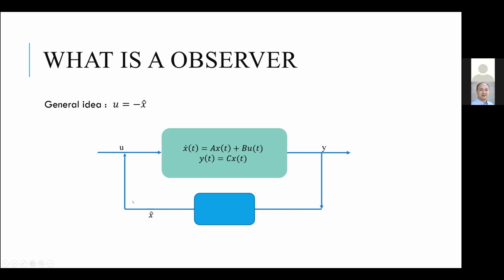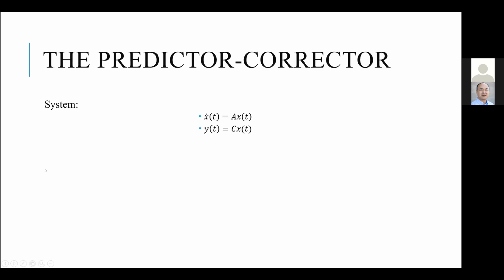So you want an estimated state, which is meant to be the same state as x, but is not the same. You use y to get the estimate of the state x. This is the so-called observer. Everything inside is called the observer. Basically it changes y to x hat, which you want to be the same as x.